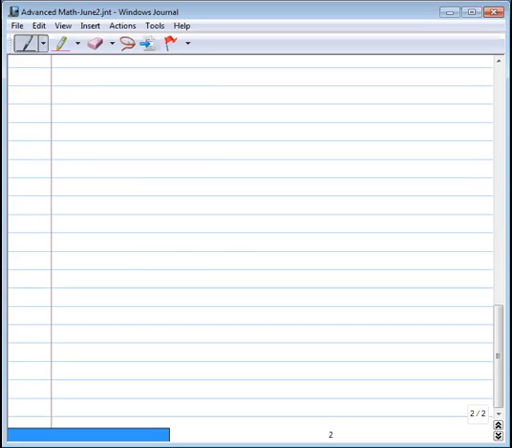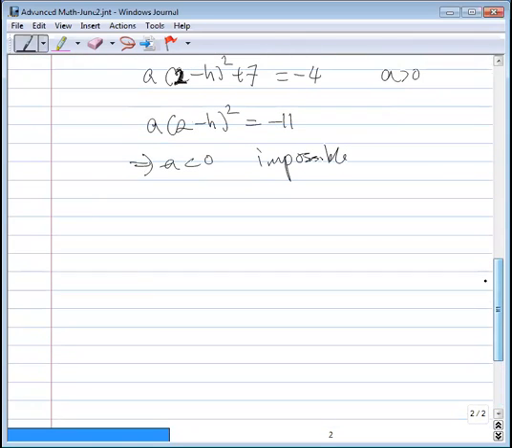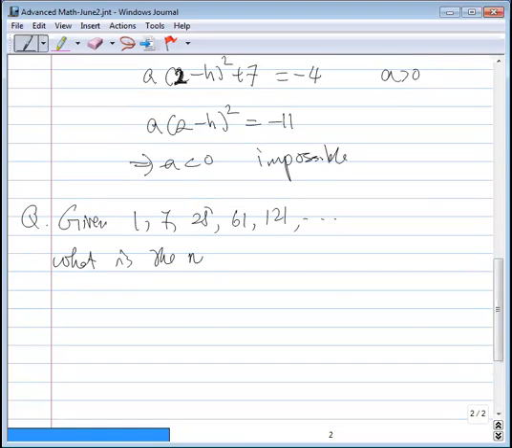So my first question is, given the following numbers: 1, 7, 25, 61, 121, what is the next term? It's a review, right? What is the next term?